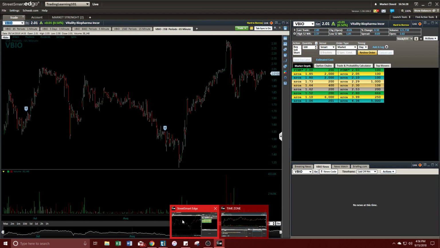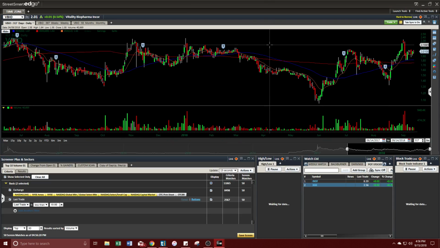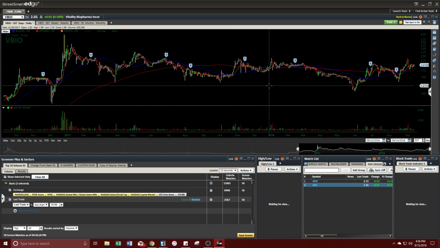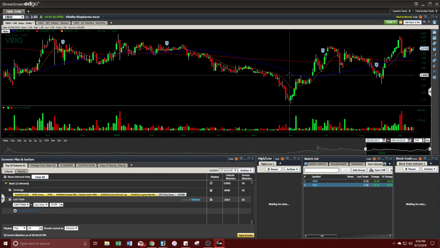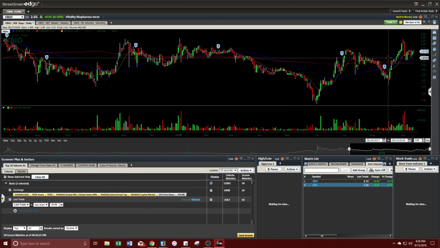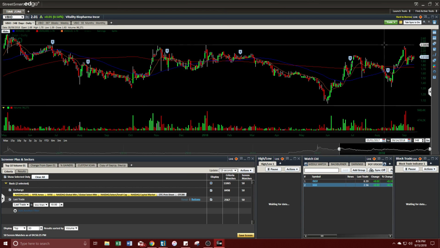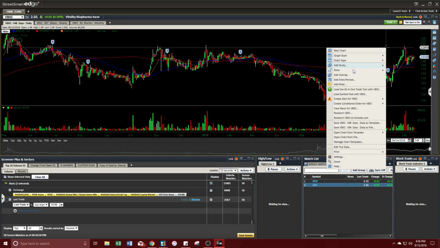Pull up the daily. It's bouncing right off of that 50-day right here. A lot of resistance though, right here at 237. 225, I'll say.